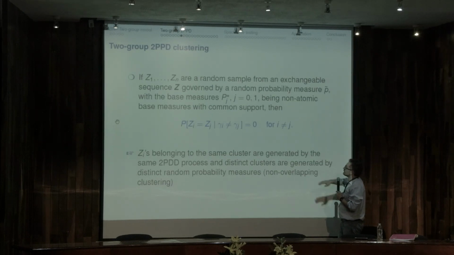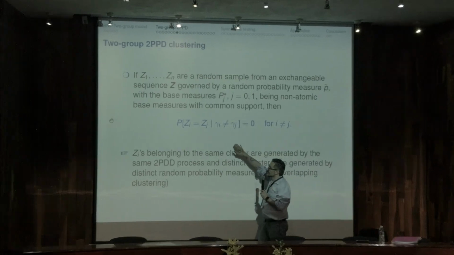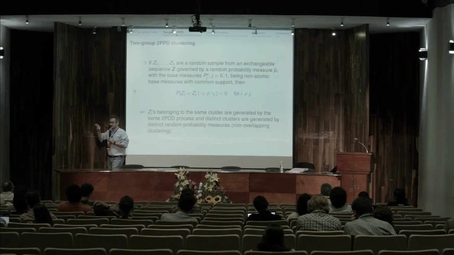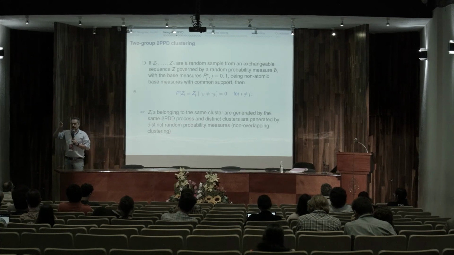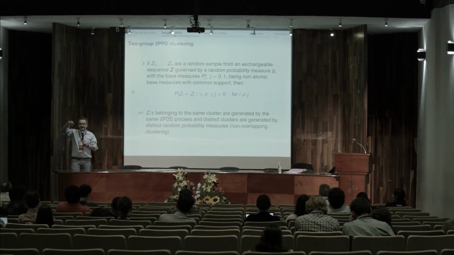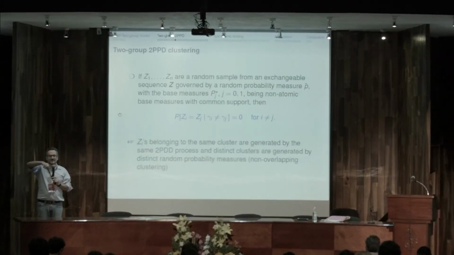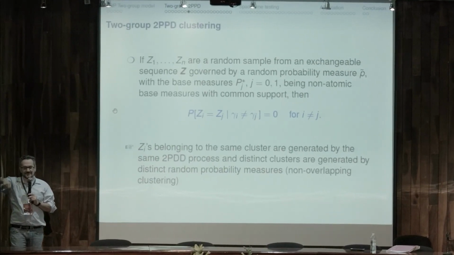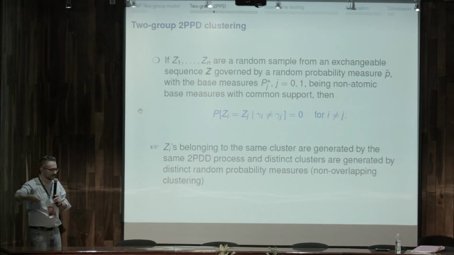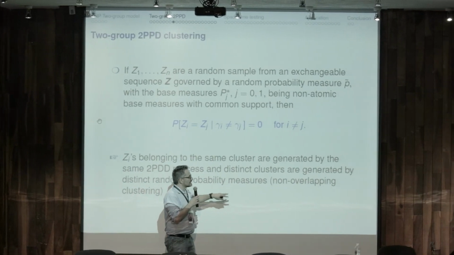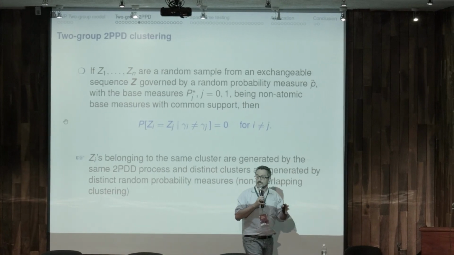Indeed, the probability of observations coming from two different processes being in the same cluster is 0. So this is just telling us that we don't have to worry about any possible overlapping between the clusters.